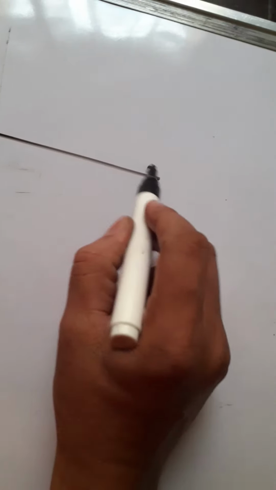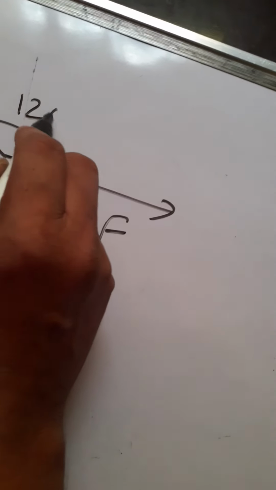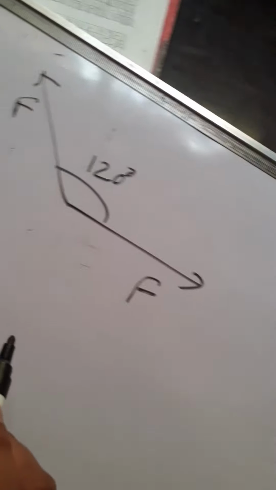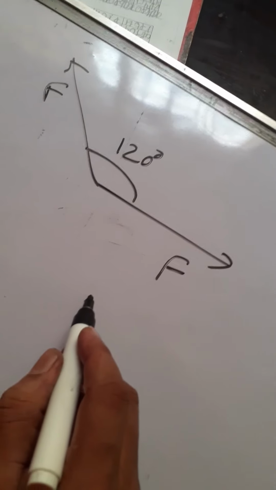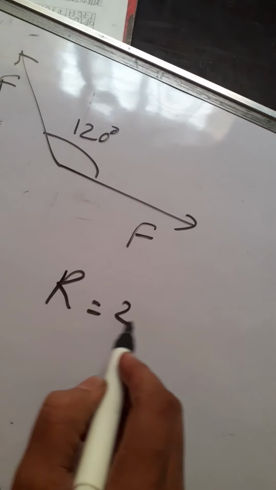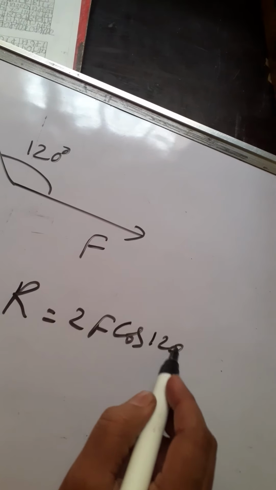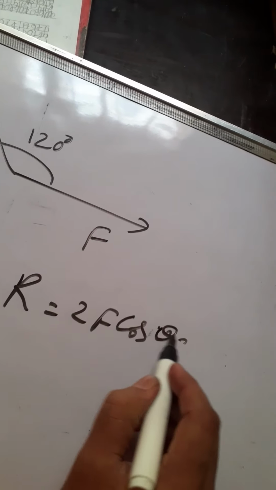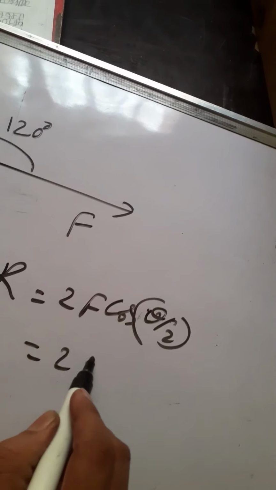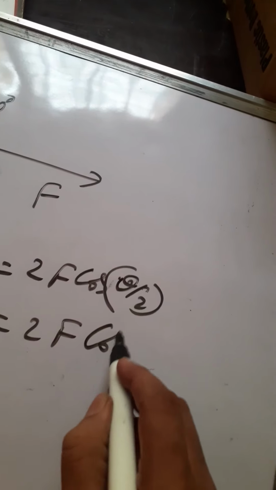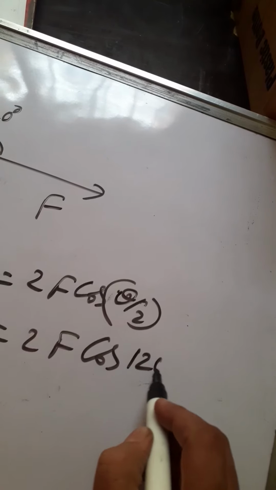There are two equal forces, angle between them 120 degrees. Calculate the resultant force. Resultant R is equal to 2F cos theta by 2 formula. So 2F cos 120 by 2.